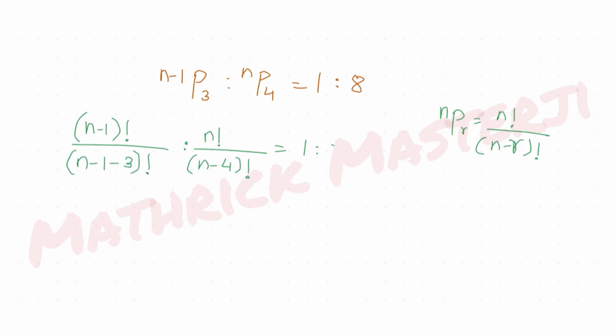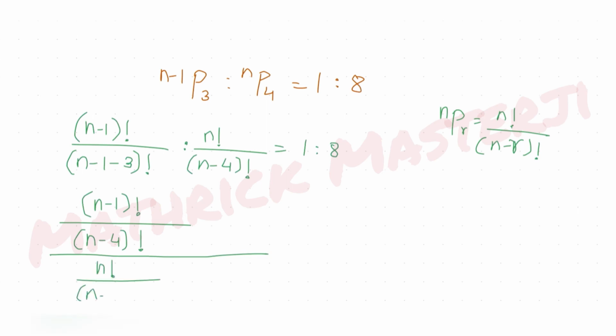Once I have this, if I take the ratio of them, (n-1) factorial over (n-4) factorial, the whole thing divided by n factorial over (n-4) factorial, equals 1 over 8.